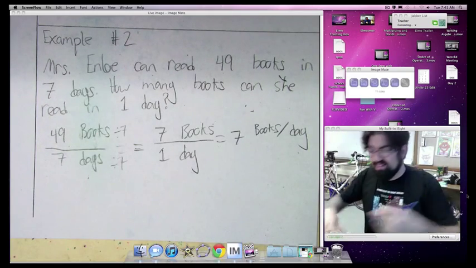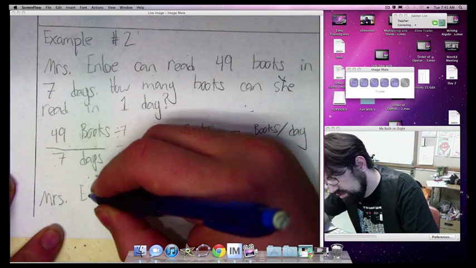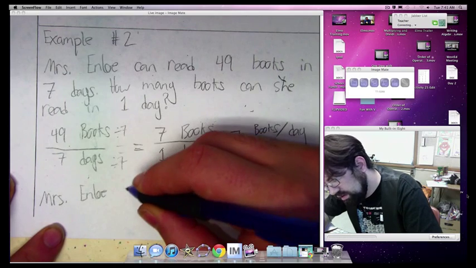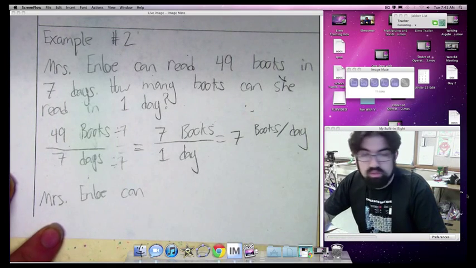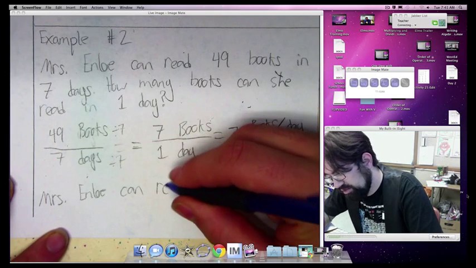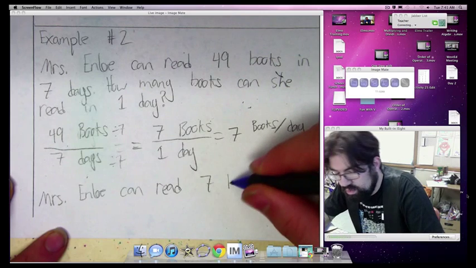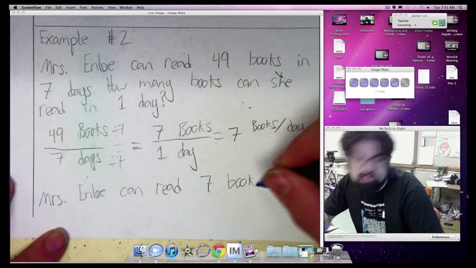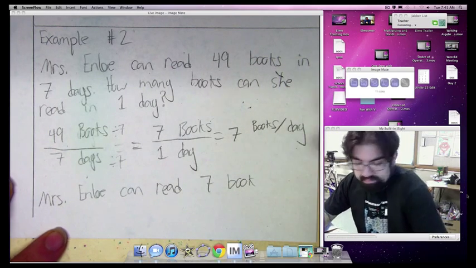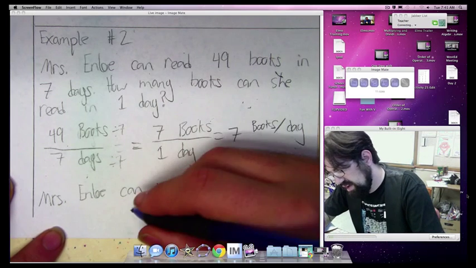I want a complete sentence. Mrs. Enlow can read, my bad, I didn't know what the verb was. I want that verb. Read 7 books. And if you want to write 7 out with S-E-V-E-N, great, go for it. Per day.